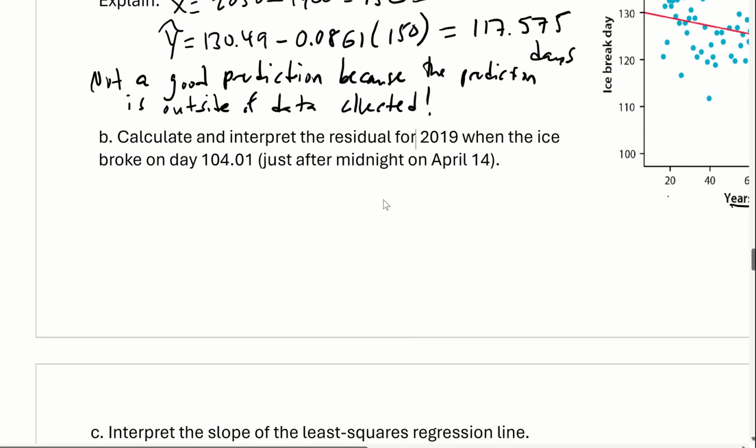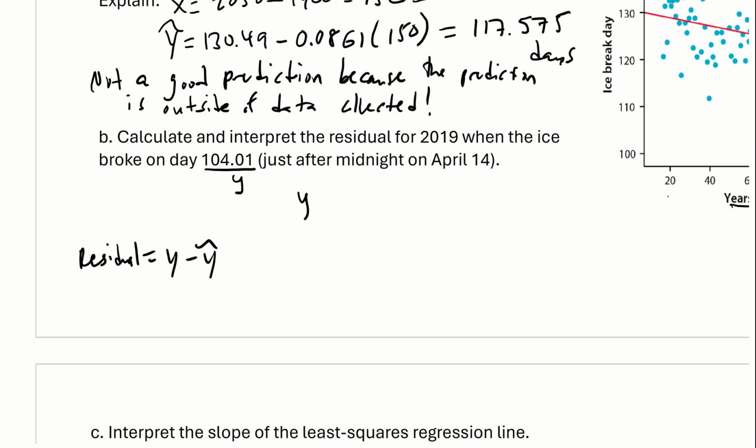Part B, calculate and interpret the residual for 2019 when the ice broke on day 104.01, just after midnight on April 14th. Okay. So again, we need to remember the residual is y minus y hat, right? And so this is y.